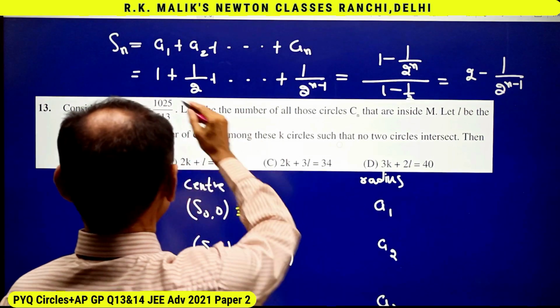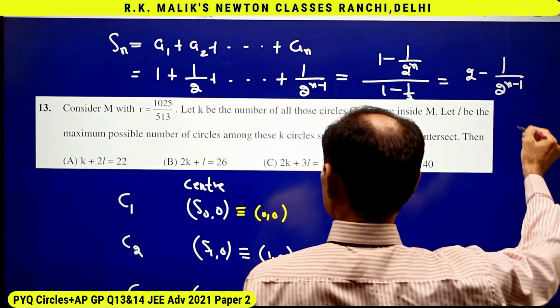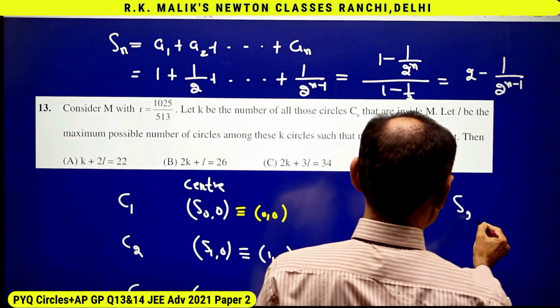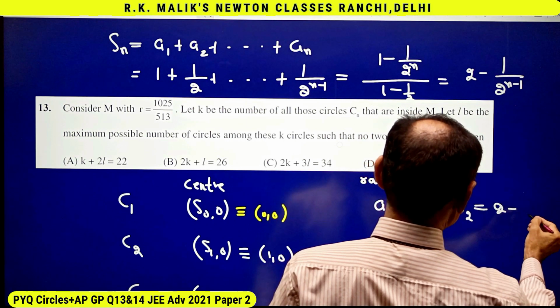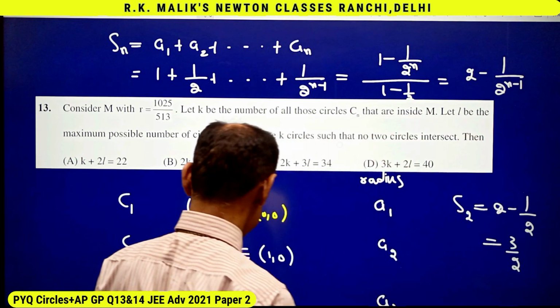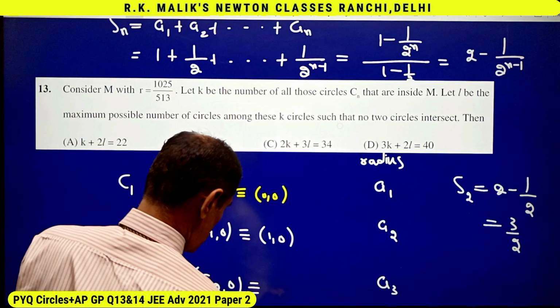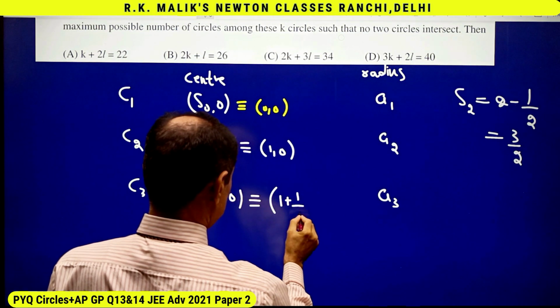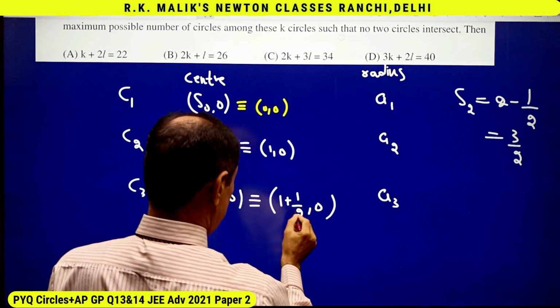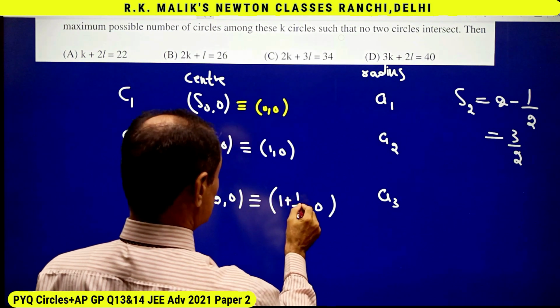Therefore, this becomes 1, 0. And S2 means 2 minus 1 by 2 to the power 1. Therefore, S2 becomes 2 minus 1 by 2, that is 3 by 2. Or we can also say S2 means 1 plus 1 by 2, so the center is 1 plus 1 by 2, 0. I'm writing in this way because it will be simpler to understand.